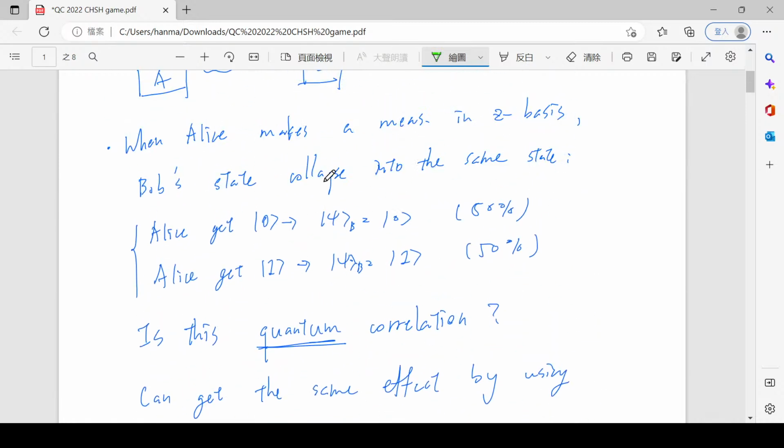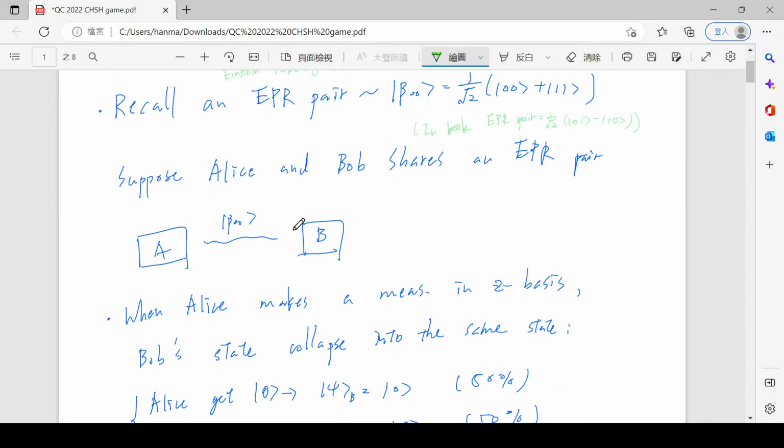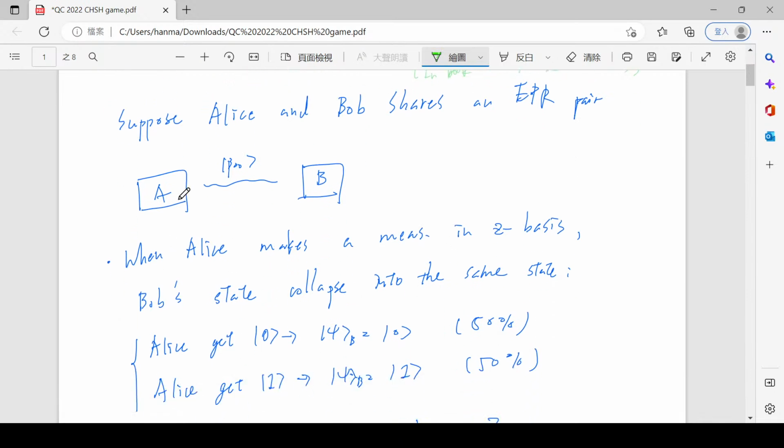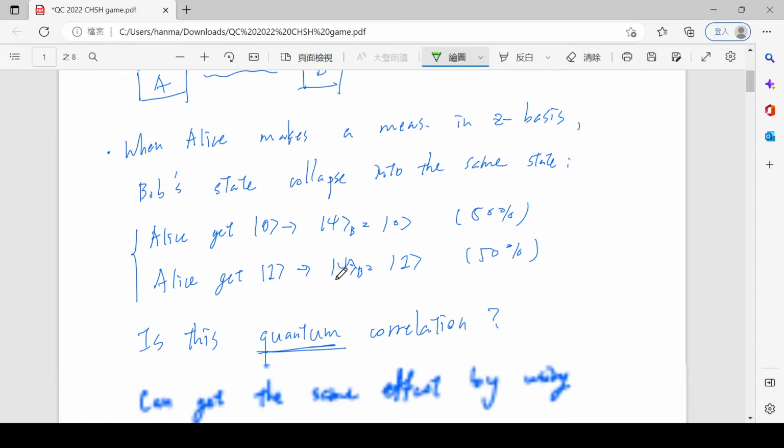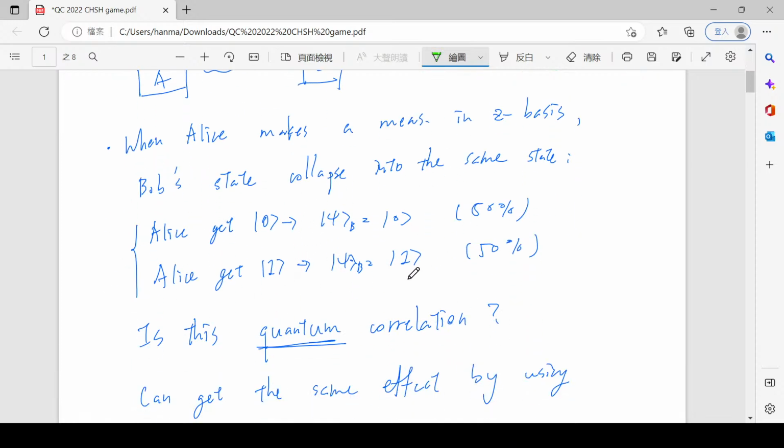Although we say measuring the EPR pair, if Alice and Bob measure this EPR pair both in the Z basis, then there's nothing they cannot get just from classical effect, right? Because they will get a distribution where both of them get 0 or both of them get 1, 50-50.